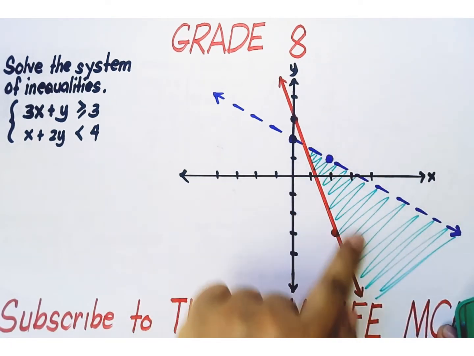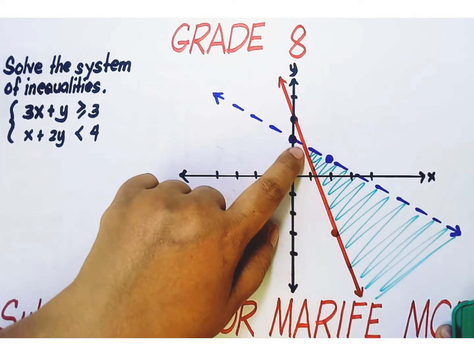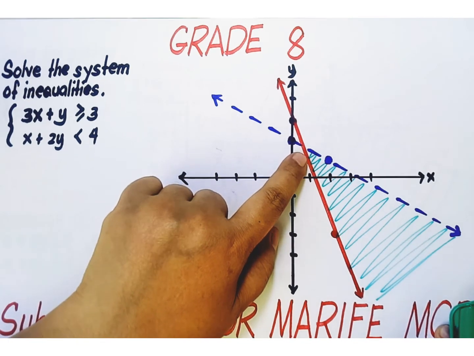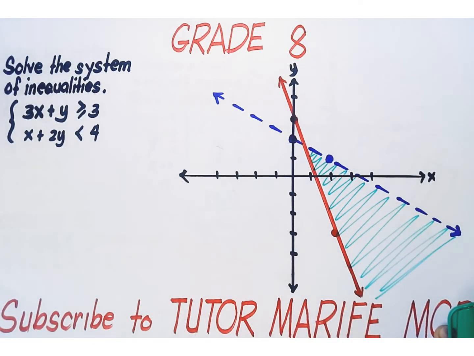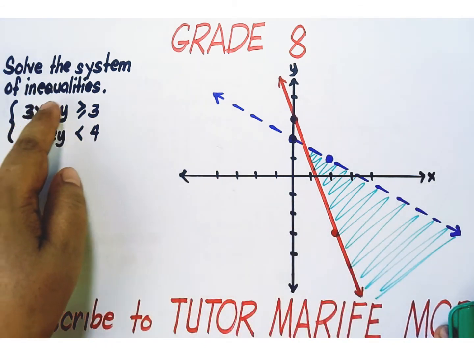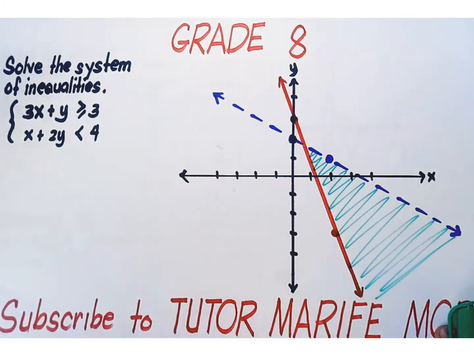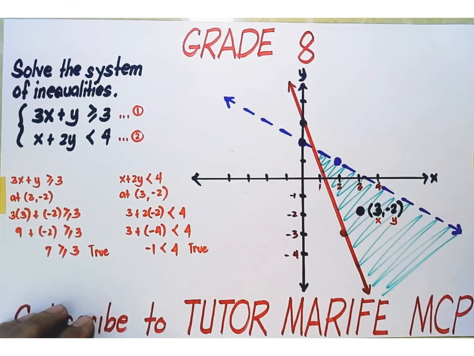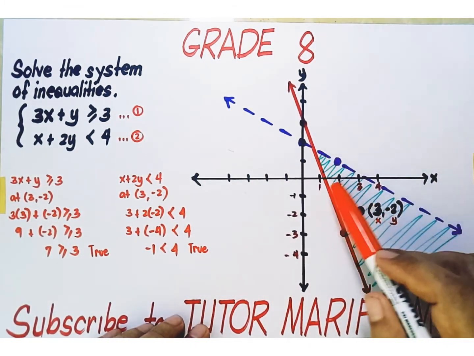This shaded region, including the points along this portion of the boundary line down to negative infinity, are solutions to the given system. How do we validate our intersection region?